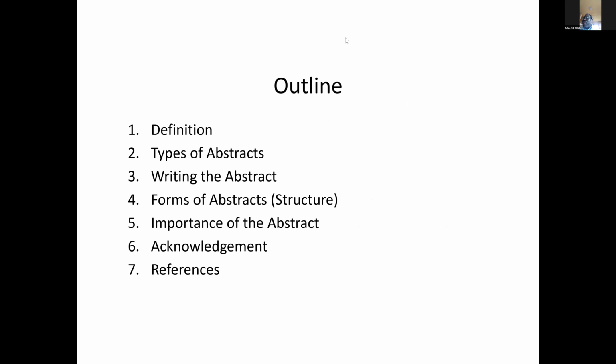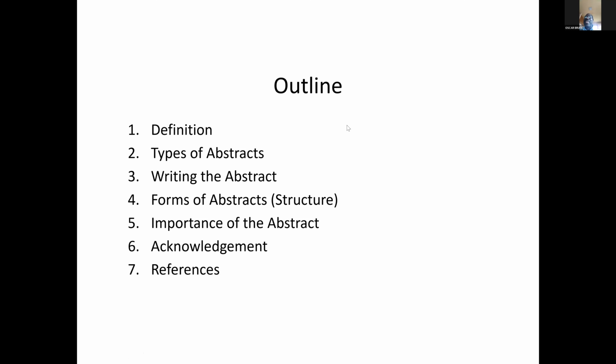Writing an abstract, a concise presentation of your work. It is hoped that at the end of this session, you will all be able to write first-class abstracts, especially for your research papers. We begin with the outline of the presentation.